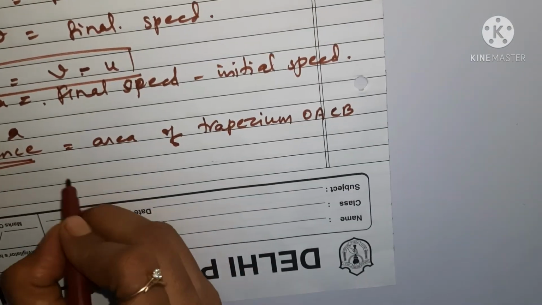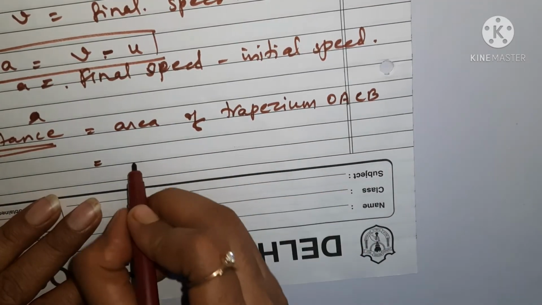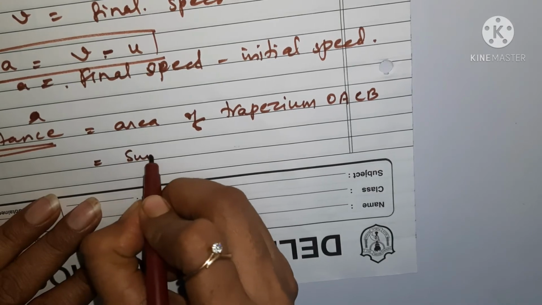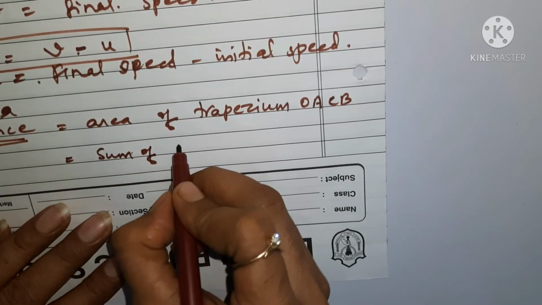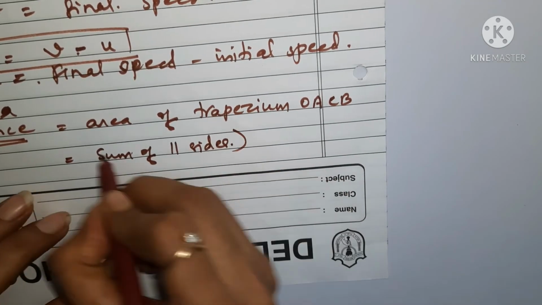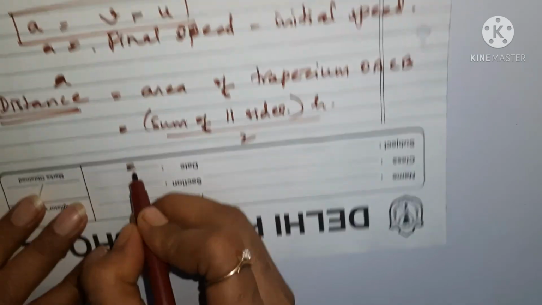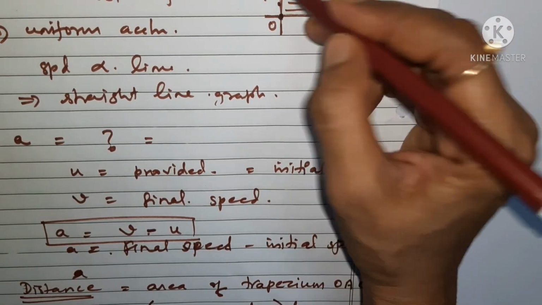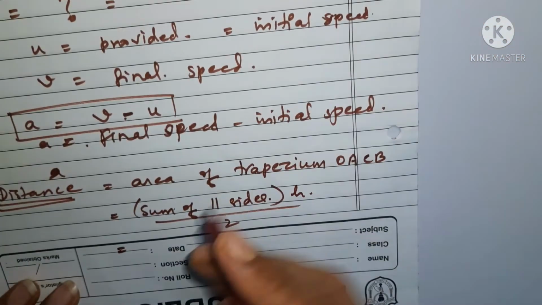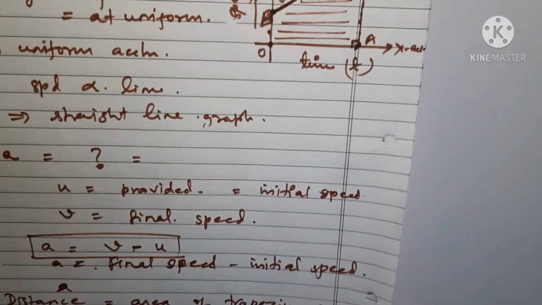So we are going to write the formula of trapezium here. Area of trapezium is given by sum of parallel sides into h upon 2. So what is the sum of parallel sides? Sum of parallel sides means OB plus AC.